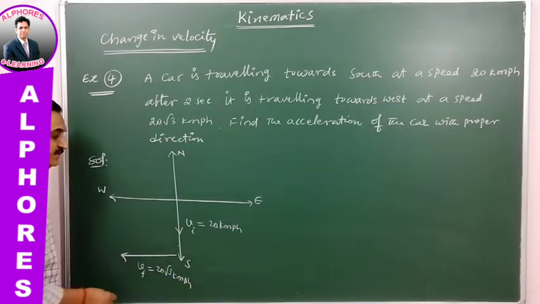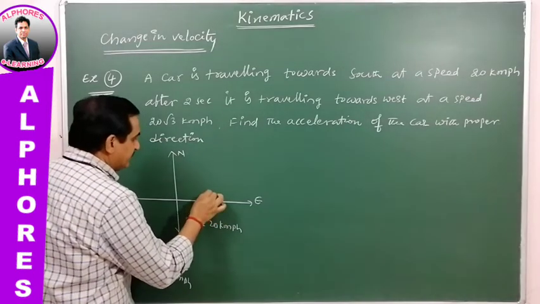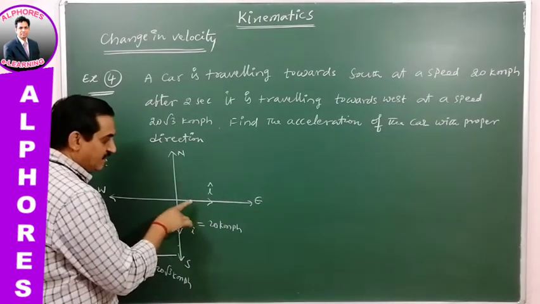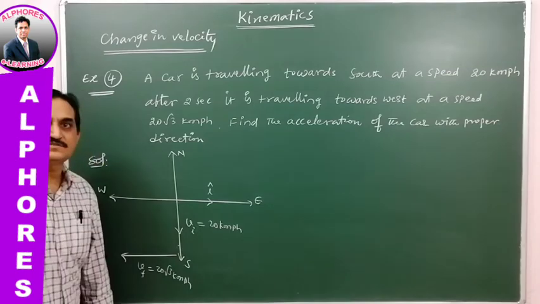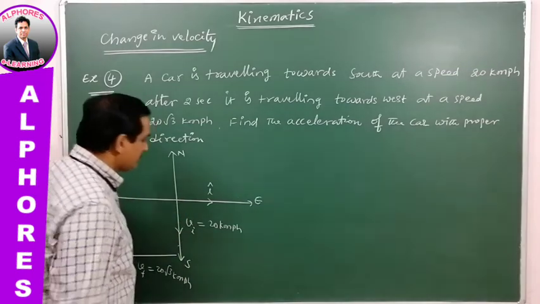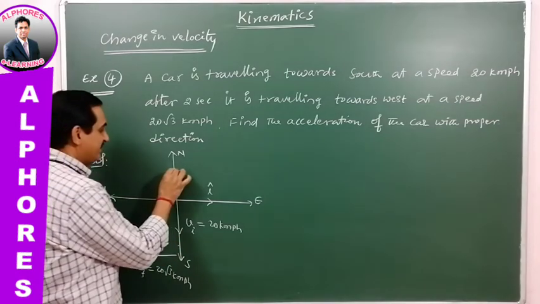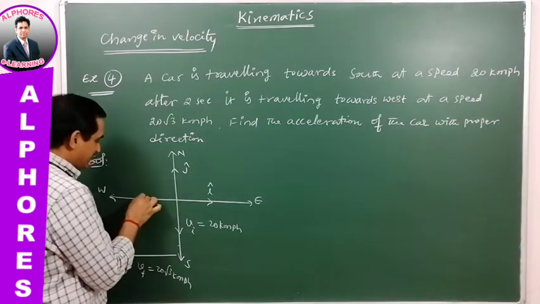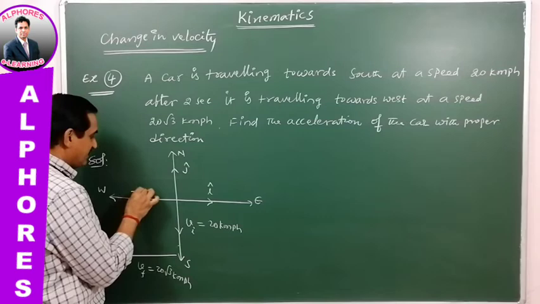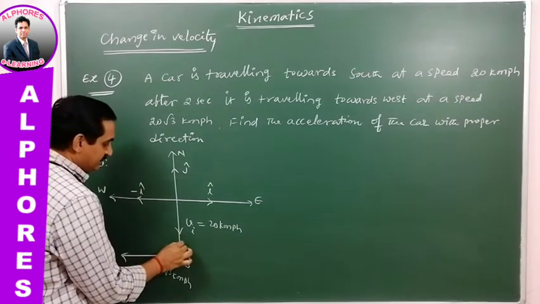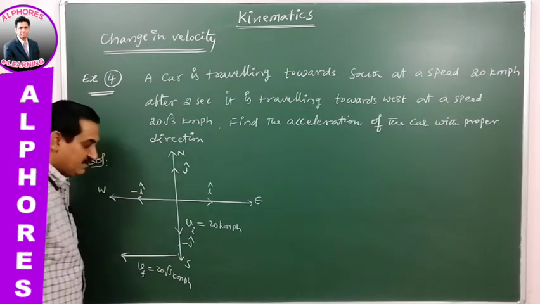Now we consider the unit vectors along the positive direction of the x-axis, that is towards east. This is i cap, this is j cap, this is minus i cap, and this is minus j cap.